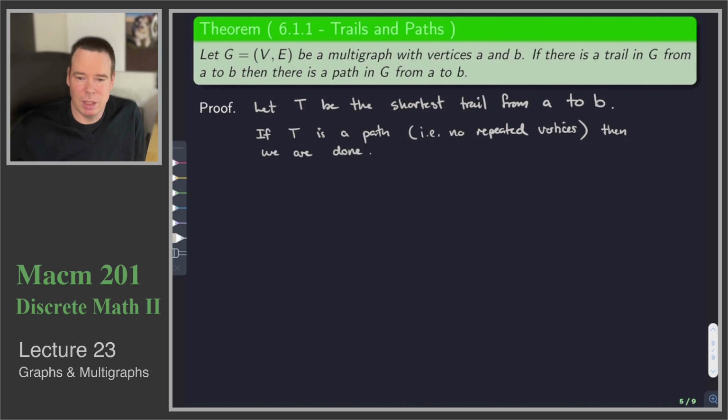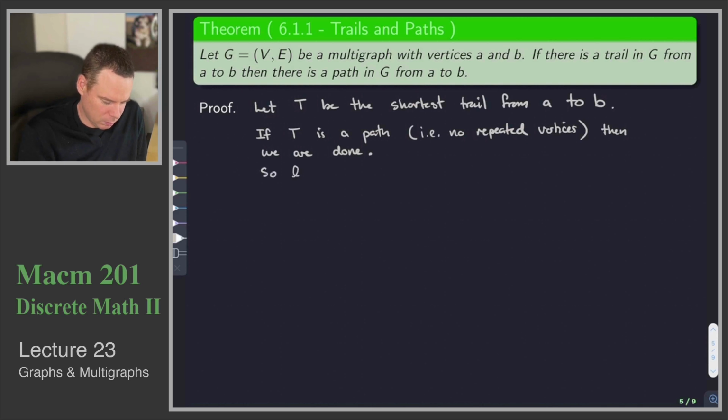We found a path from A to B. It turned out to be this shortest trail we picked. So the flip side of this is that T is not a path. So what if it's not a path? If it is a path, there's no repeated vertices and we are done.